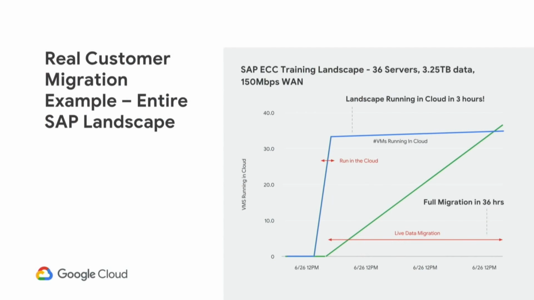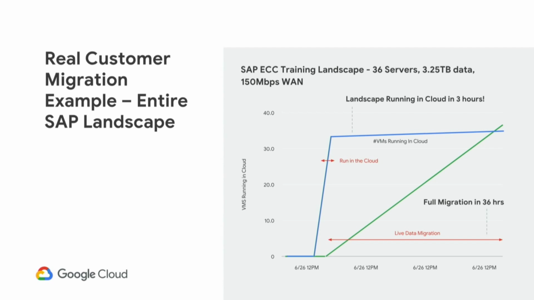Right? So this is a real example from an SAP migration that one of our customers has done. The blue line is how the compute servers get migrated. You will see a very spiky growth in the number of servers that get migrated almost immediately. They become online in the Google Cloud. But then in the background, Velostrata appliances keep streaming the data replication process.